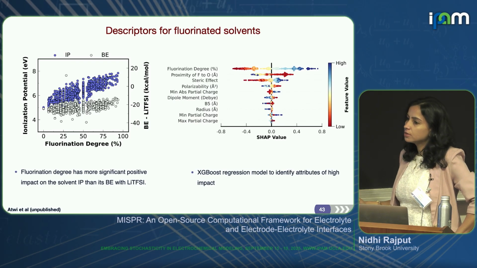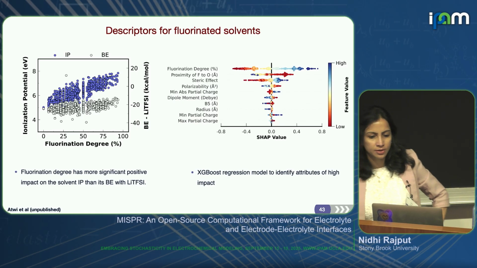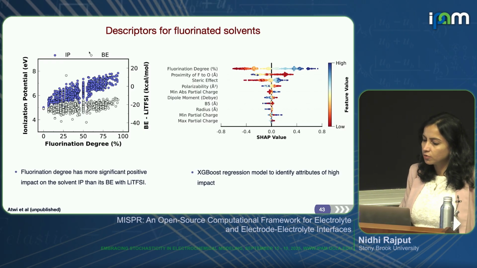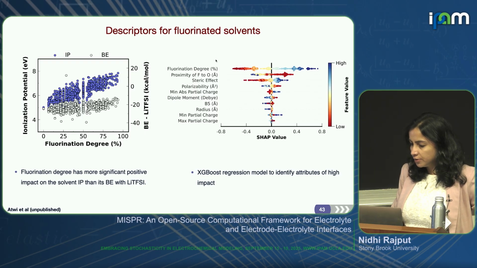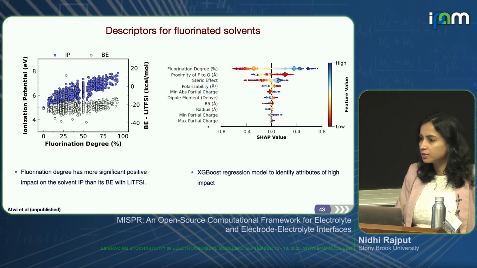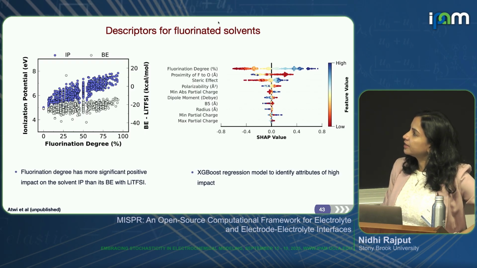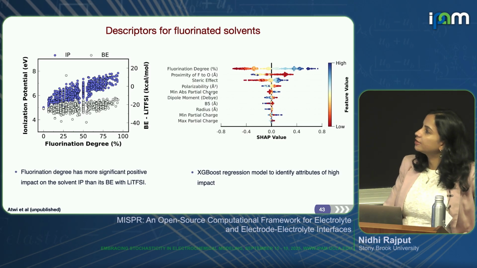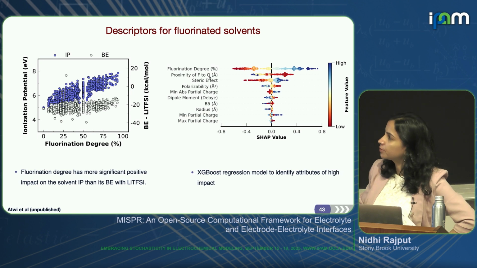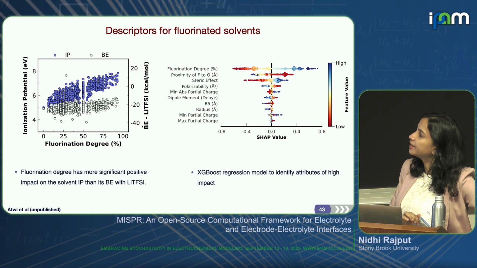And we further looked into the effect of molecular features on several properties. Here we had a slightly larger data set of a few thousand fluorinated solvents, and this is a very small list, we tested hundreds of features here. We found that in the case of fluorinated solvents, the degree of fluorination and proximity of fluorine to oxygen atom are the top descriptors which affect the ionization potential and properties like binding energy.